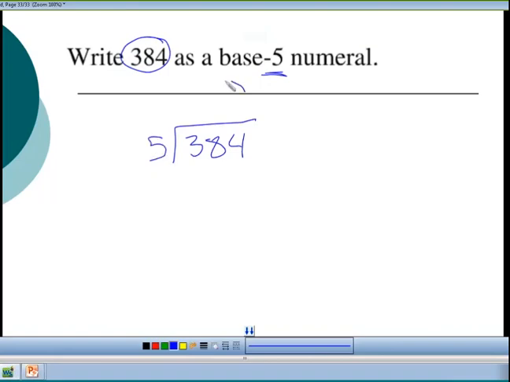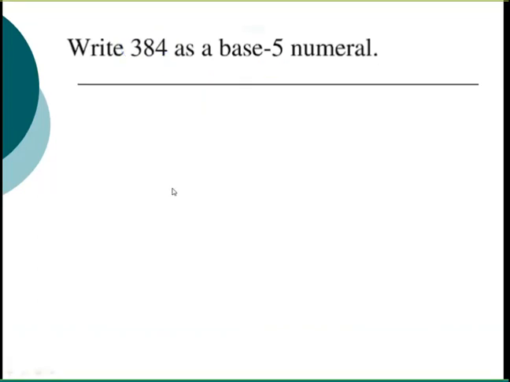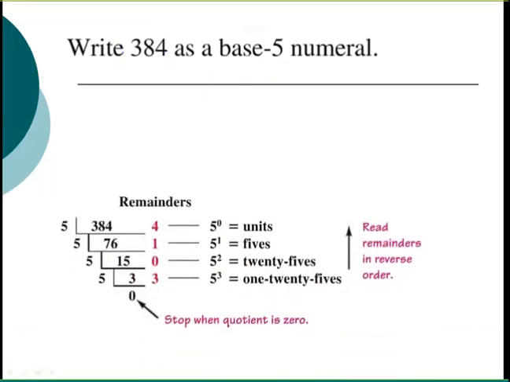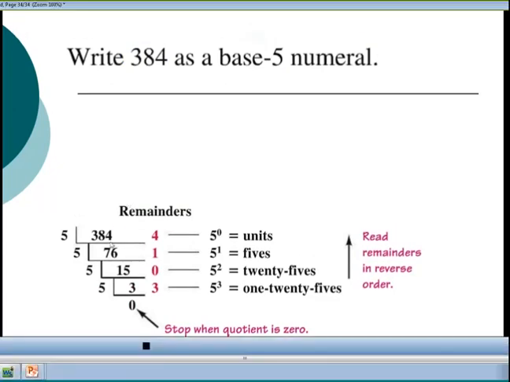Then you take your answer up here, and you'll have a remainder. Let me show you a different way that I've got here. This is the long division that you would have done, so we've got 384 dividing by 5. We're just writing the remainder off here to the side.